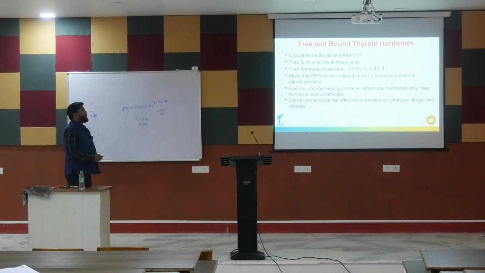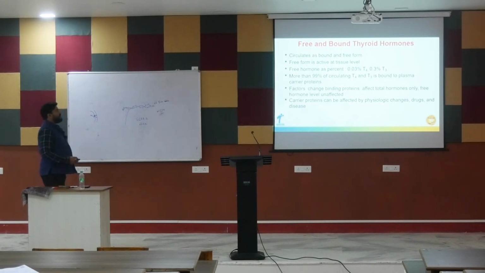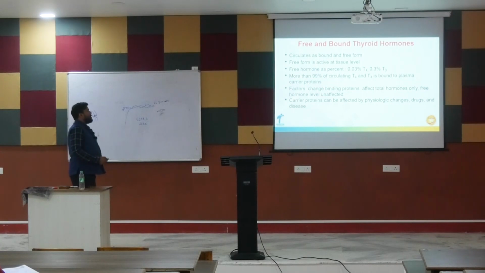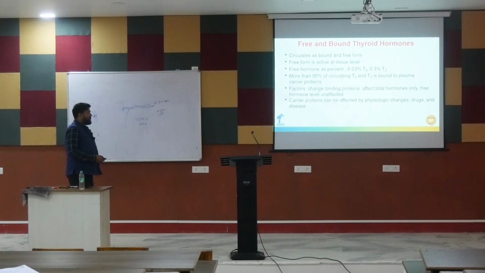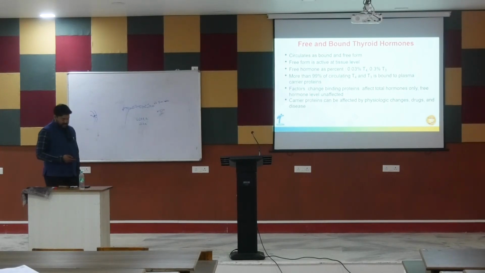So more than 99% of circulating T3 and T4 is bound to plasma carrier proteins. So factors change binding proteins, which changes total hormones only; free hormone levels are usually not affected. Carrier proteins can be affected by physiological changes, some drugs and some diseases.